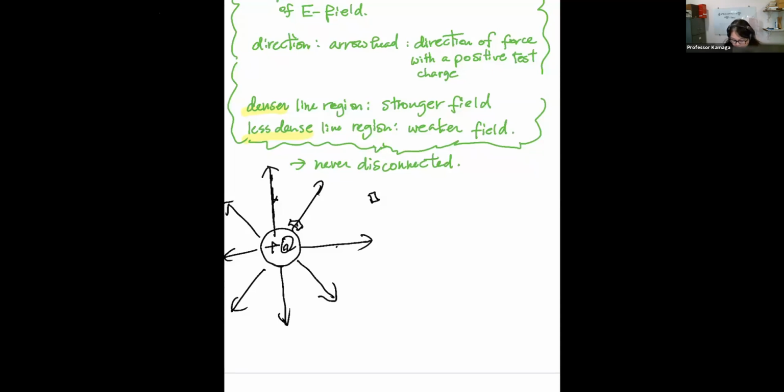If that's the case, how would you write the electric field lines of a positive 2Q? Try it.